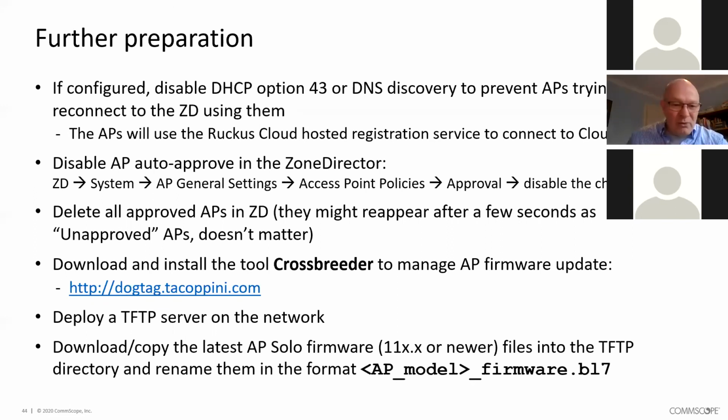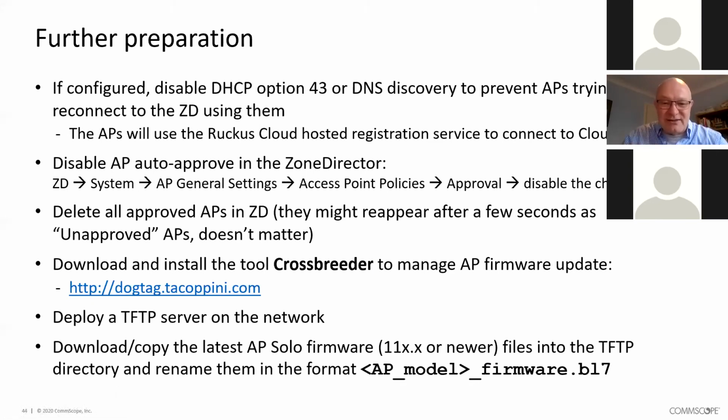And then what we also need to do is, from our support site, download the latest AP solo firmware. You'll find different styles of firmware on the support site. All the ones that start with 11x, so maybe 114, for example, is the firmware to make the AP a standalone or solo AP.